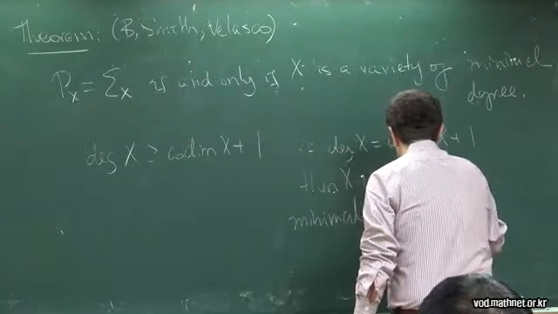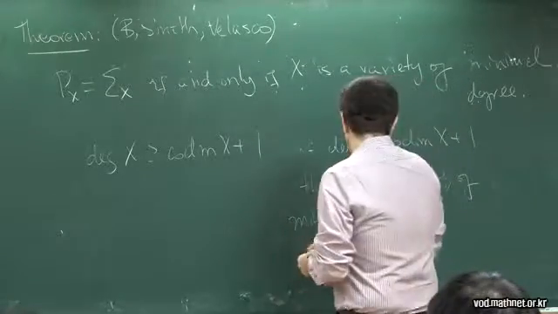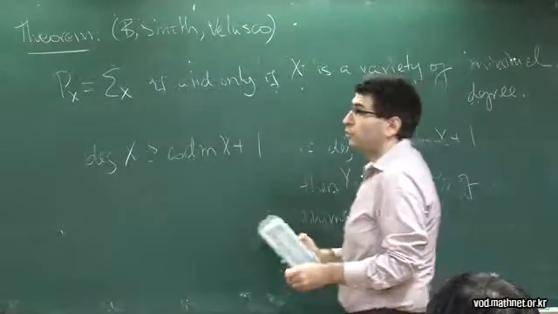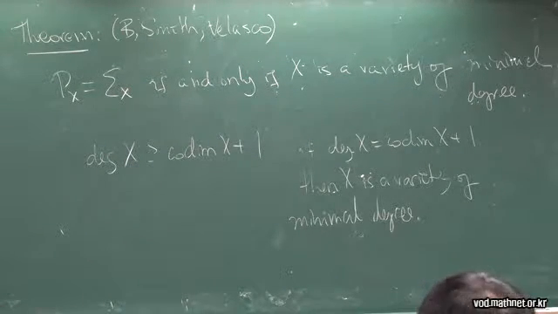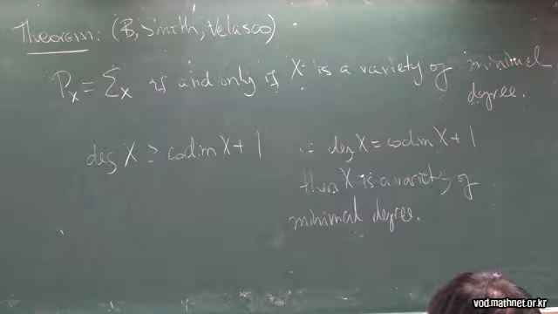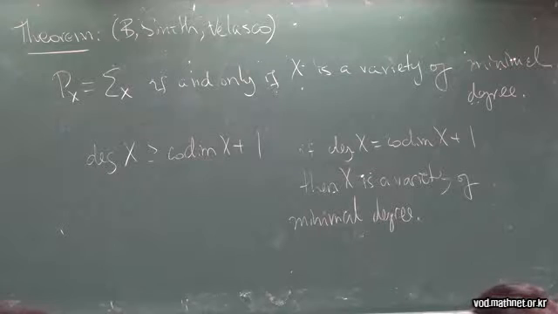All right. Great. And now I can move on and tell you, what are varieties of minimal degree? Because they have been classified classically, at least over C. Okay.